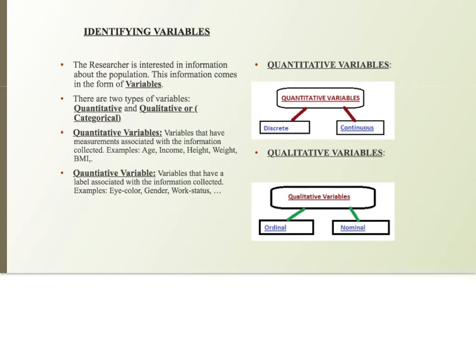So once we have the individuals from the population that we're going to survey, we're interested in the types of variables or the questions that we're going to create on the survey to ask these individuals. Well, there are two types of variables that the researcher would be interested in.